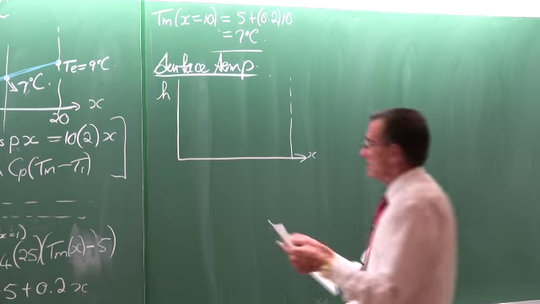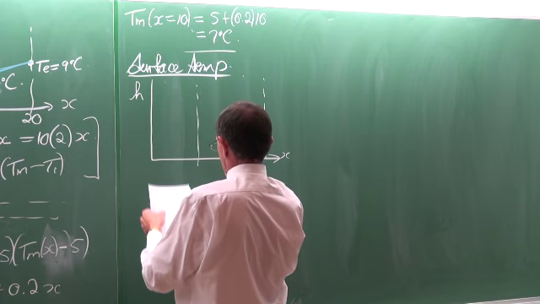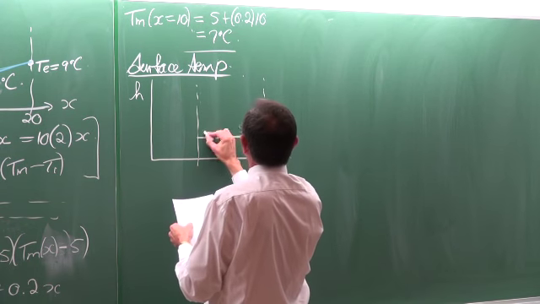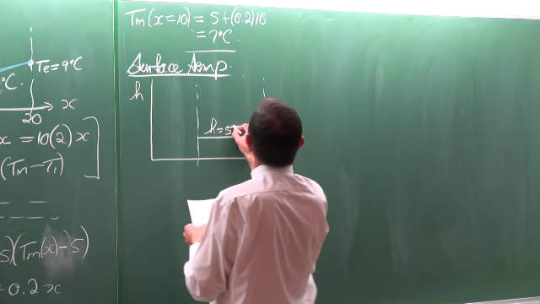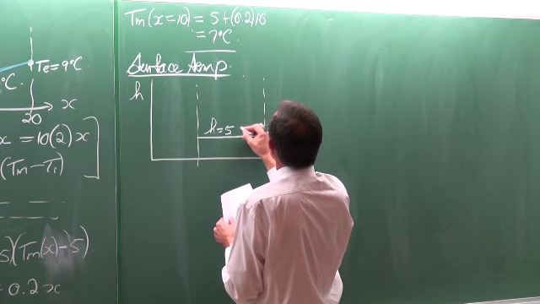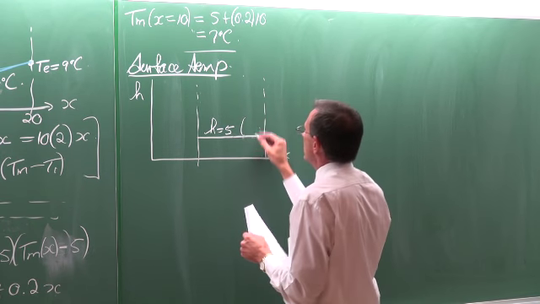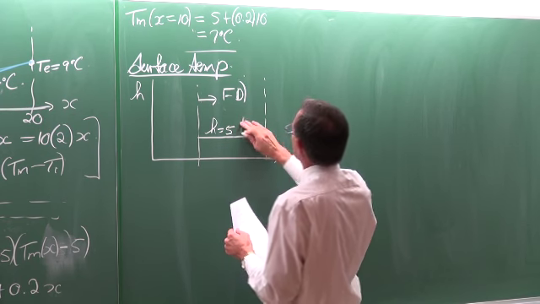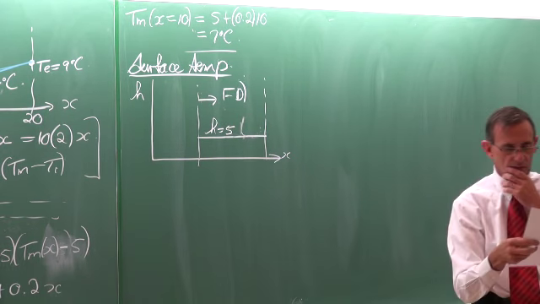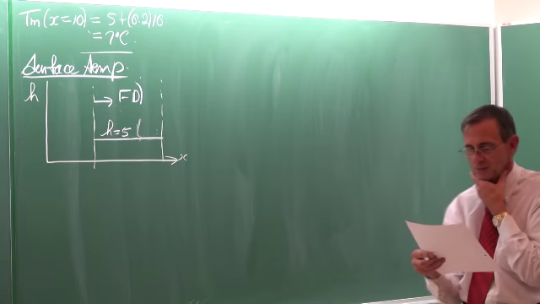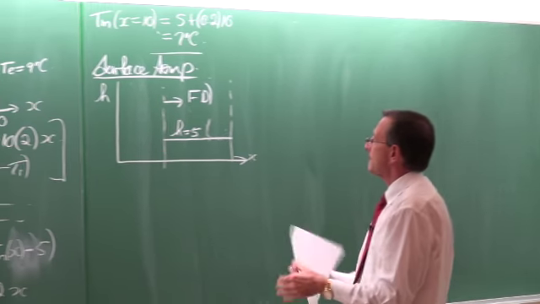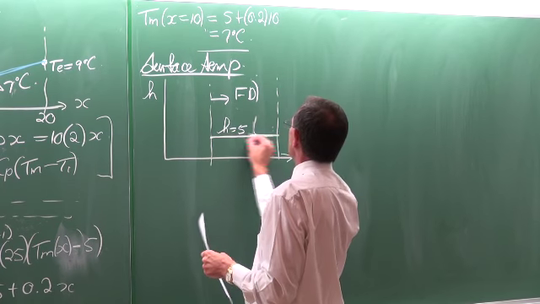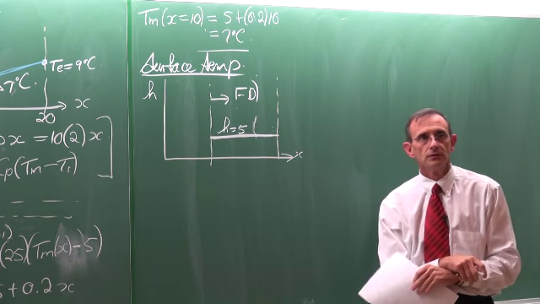And the information is going to be that the heat transfer coefficient is going to be a constant of 5 when the flow is fully developed. So if it is 5, when it is fully developed, the heat transfer coefficient.